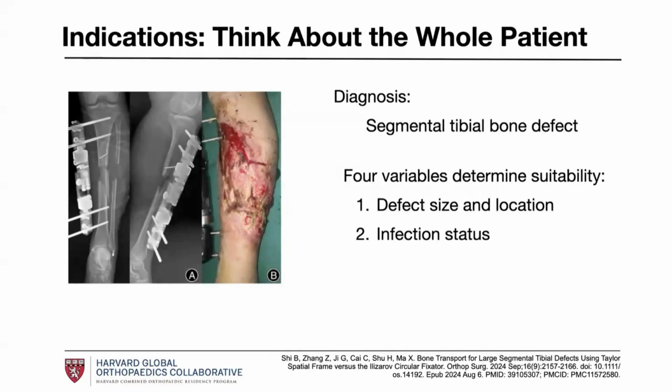The infection status: have they been infected? Do they continue to be infected? And we'll touch a lot on this, the specific patient biology, what comorbidities they might have, and as demonstrated here in the slide, what is the condition of the soft tissue envelope. So these four variables are really going to drive our decision making, the indications and approaches for bone transport.